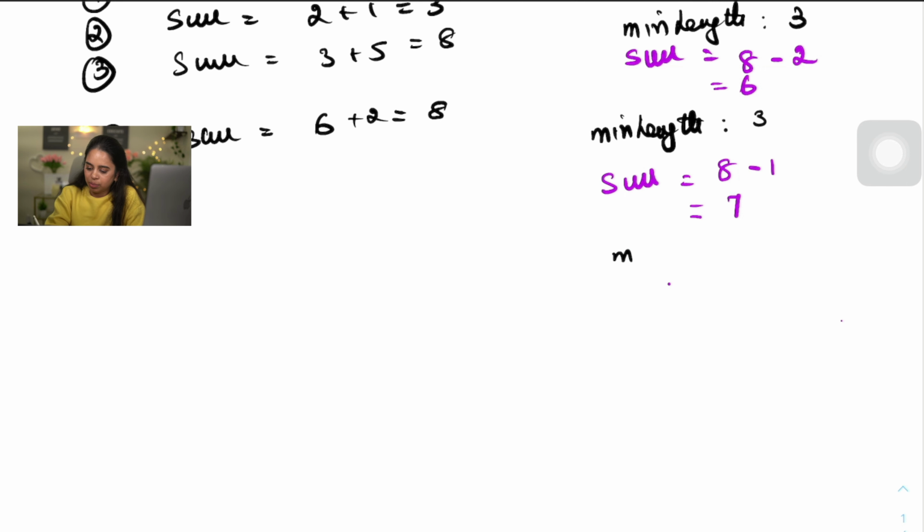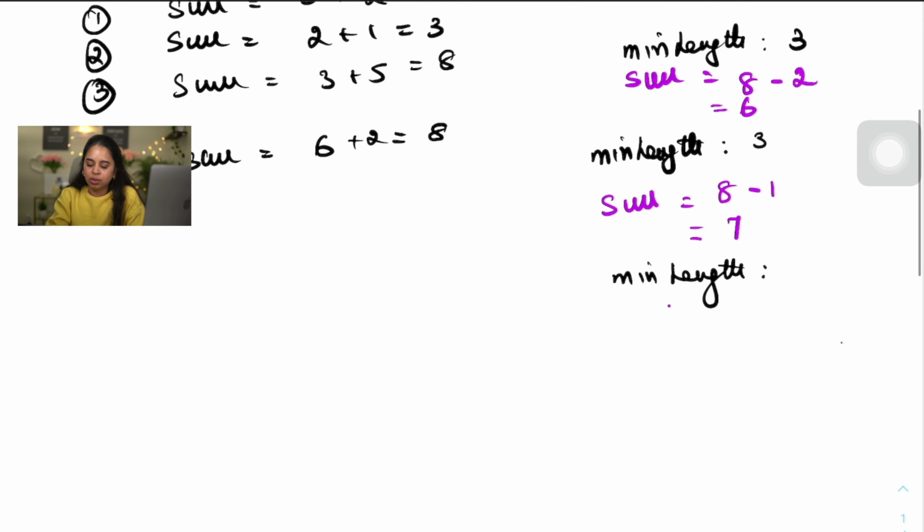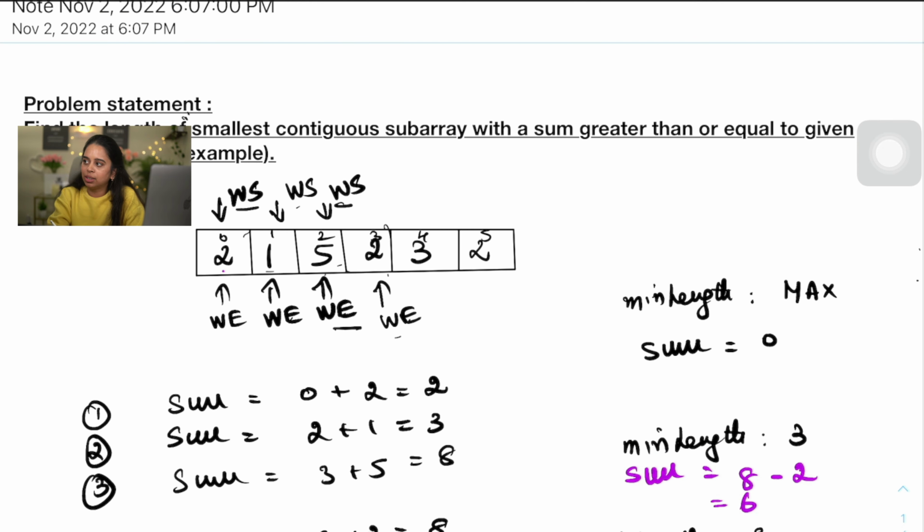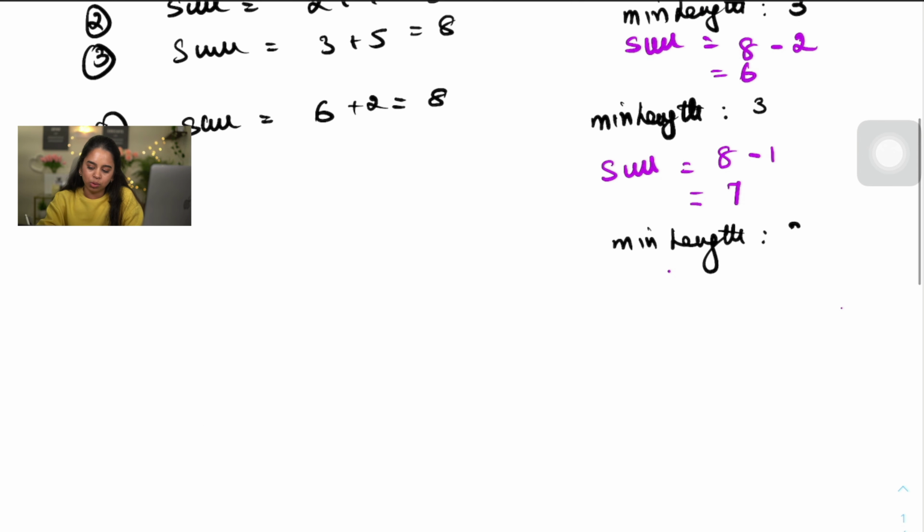Okay, so minimum length is going to be the number of elements in a window, which is from window start up to window end. There are two elements, so minimum length will be updated to 2. Okay, and then we need to shrink our window, right?